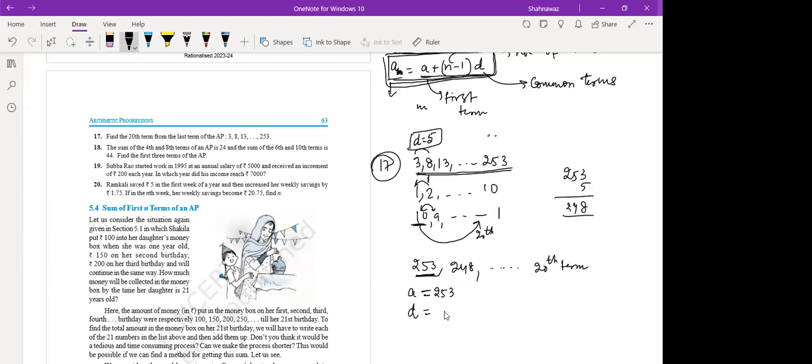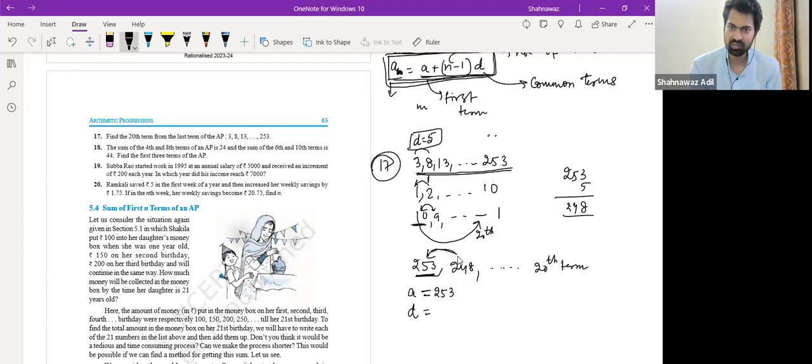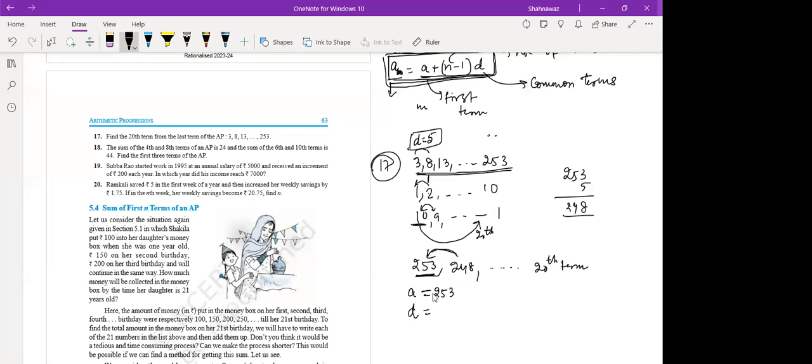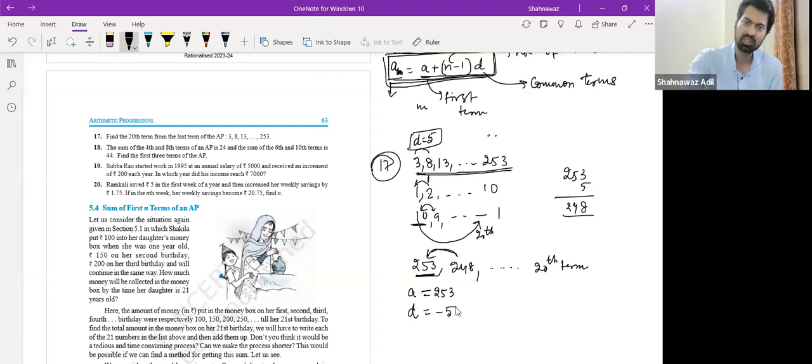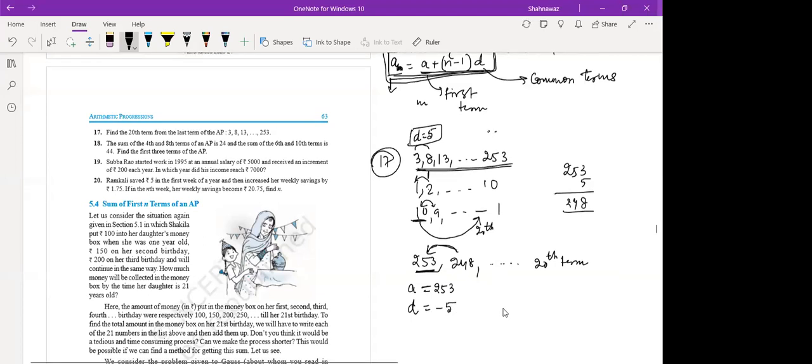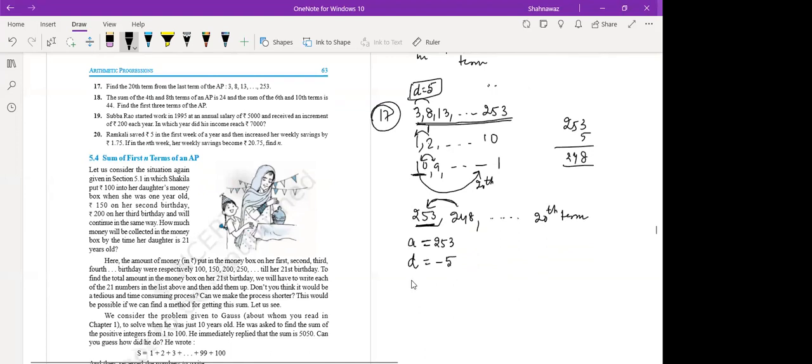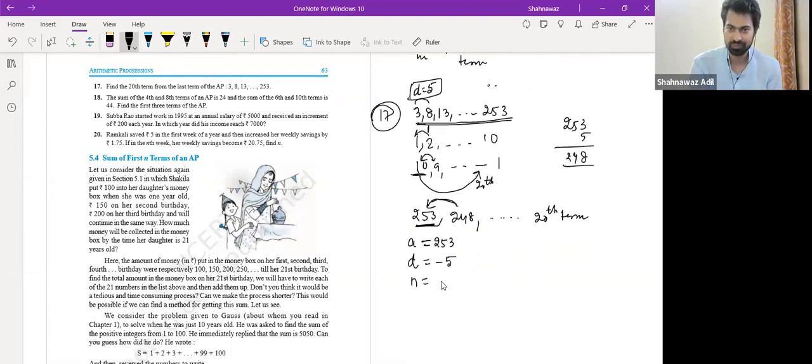This minus this. Whenever I ask D, it is this minus this. So 248 minus 253 is minus 5. Right. And then N is given, right?